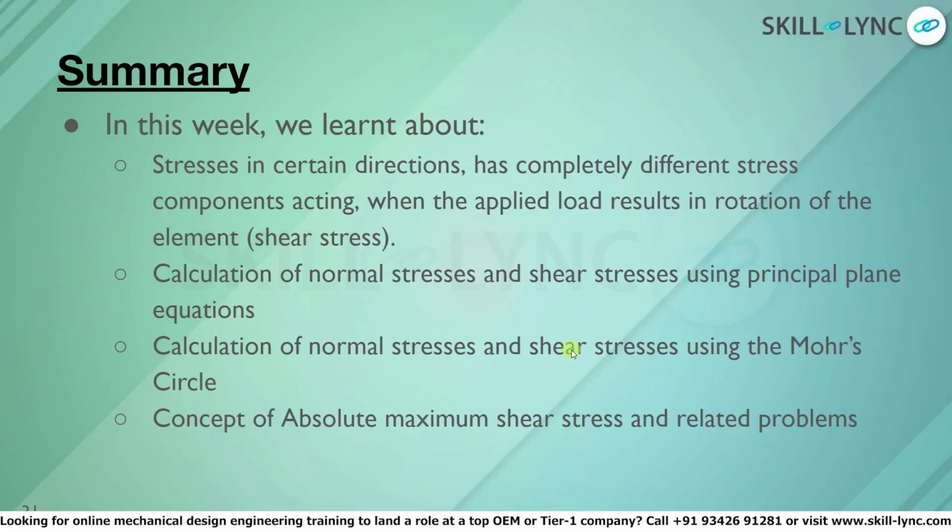So we defined the calculations in two different methods. One was the principal plane equation. The second was the Mohr circle. We also did problems relating to it, and we learnt about the concept of absolute maximum shear stress. And finally, we ended this session by solving a few problems about absolute maximum shear stress.